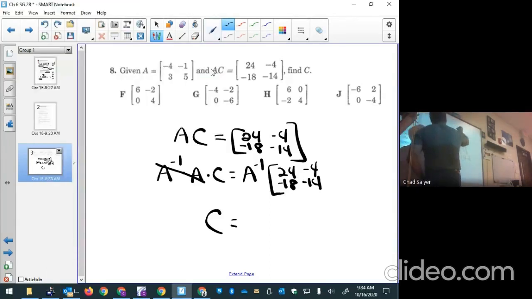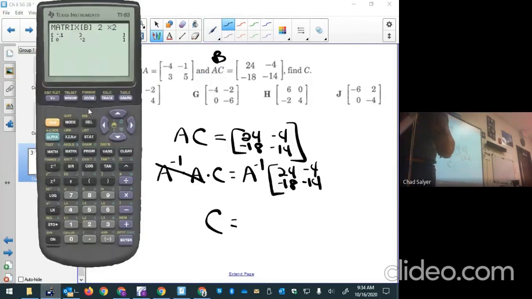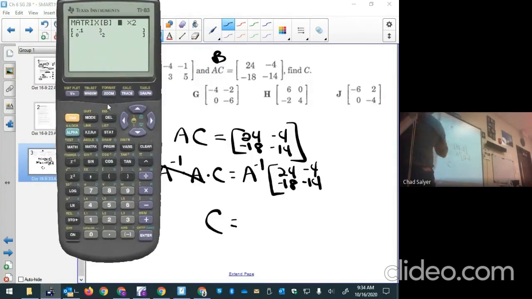And sometimes you can write that here just to keep yourself from getting confused if you use a different name in your calculator. So it's also a 2 by 2, and it's 24, -4, -18, and -14.